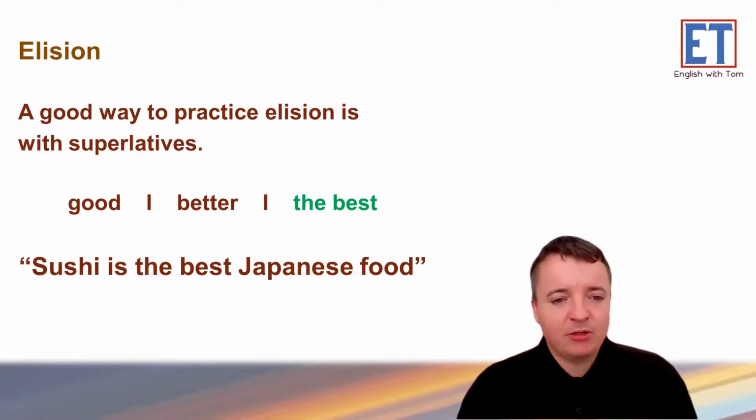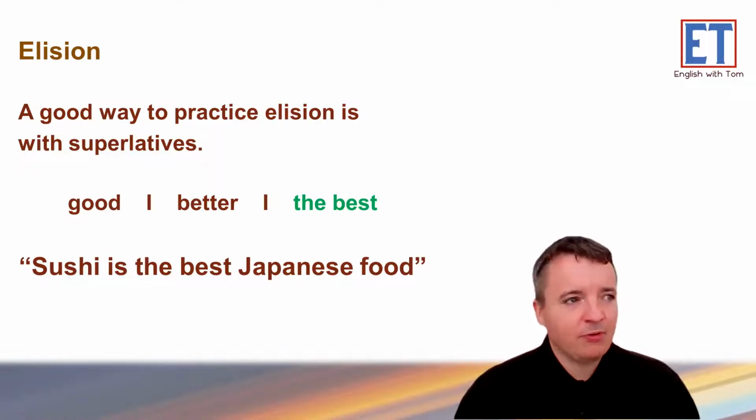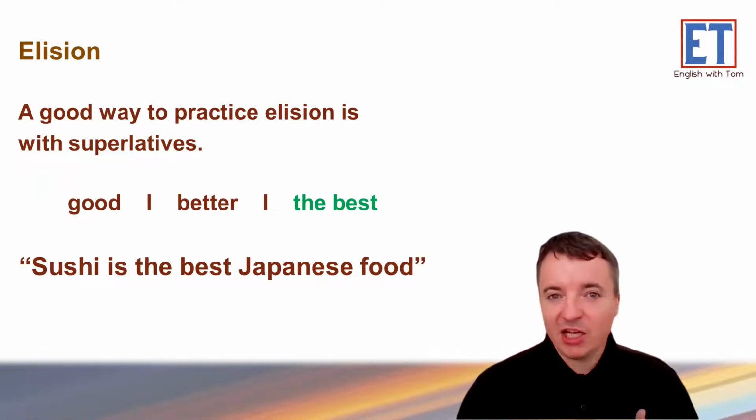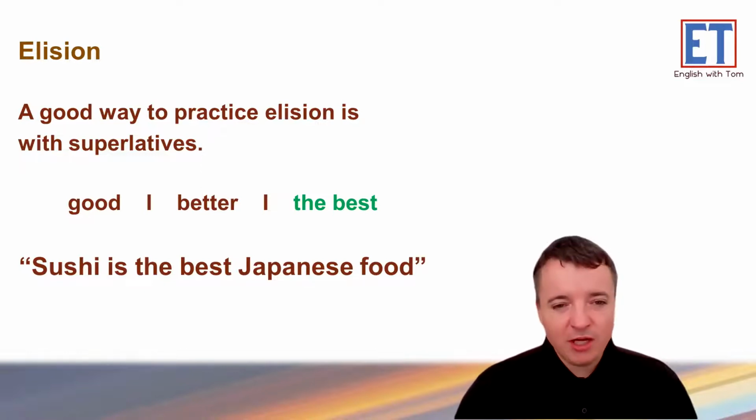So for example, ramen is good. Sashimi is better. But sushi is the best Japanese food. If you listen carefully, you can hear the t sound has been elided. Sushi is the best Japanese food.